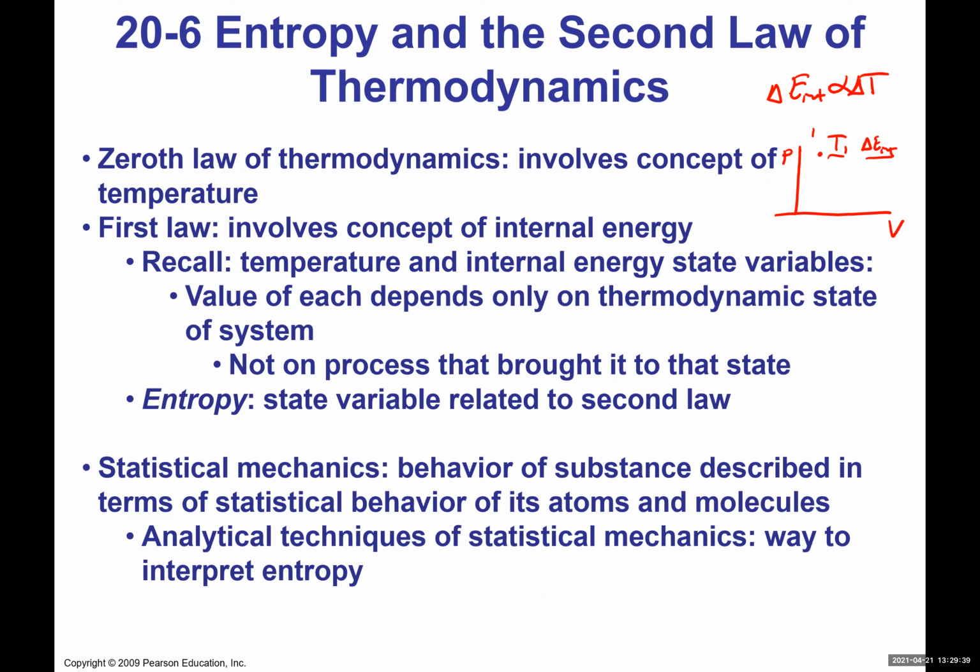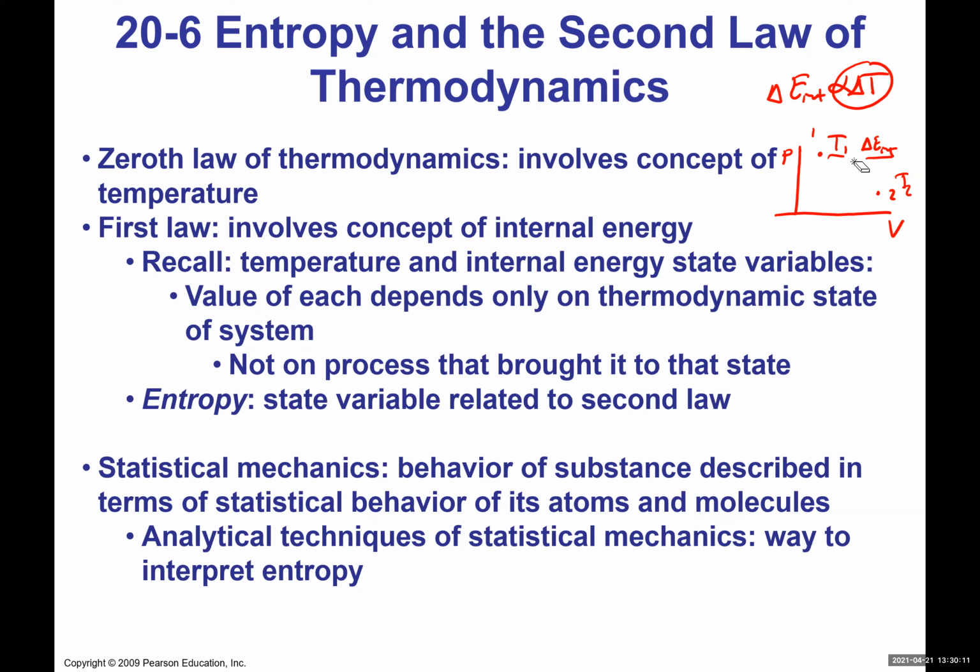Now, one thing important about those two is that they're state variables, which means as we go from state one to state two, their value is independent of the path taken. That means if there's a change in temperature, it is based only on the difference between temperature one and temperature two, regardless of whether we got from one to two like this, like that, or like this. It doesn't really matter. So it's path independent.